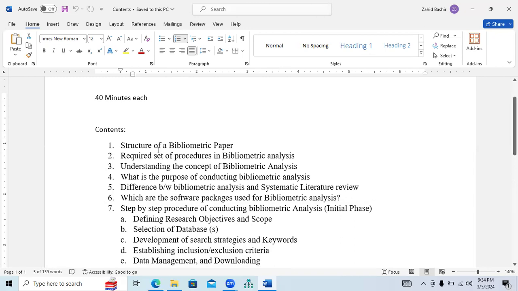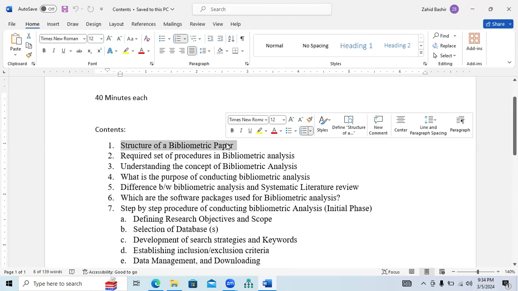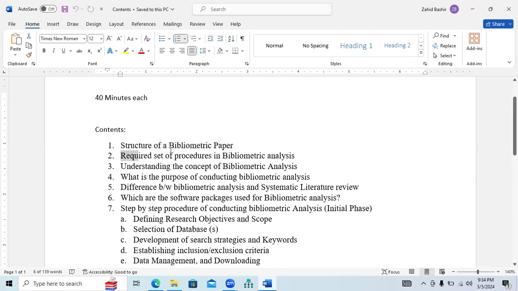during the bibliometric analysis learning. So today we will cover the structure of bibliometric paper. I will show you how the bibliometric paper will look like, and what are the required set of procedures in bibliometric analysis, what is the concept of bibliometric analysis, and what is the purpose of conducting bibliometric analysis.